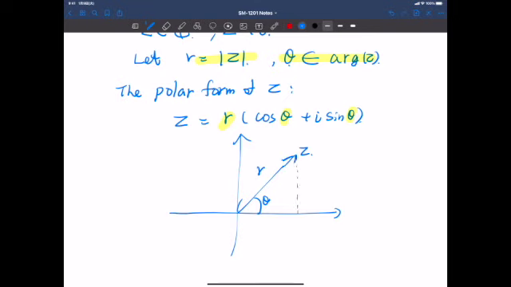So this real part is r times cosine theta, and this imaginary part is r times sine theta.